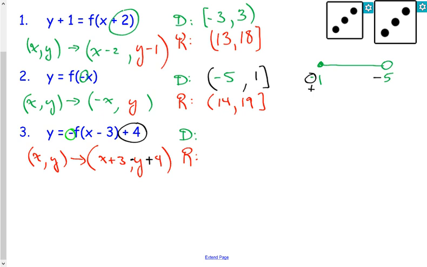So, domain and range. Tuba, could you give me one of the two, domain or range? And the brackets will be like this. And somebody give me the range.